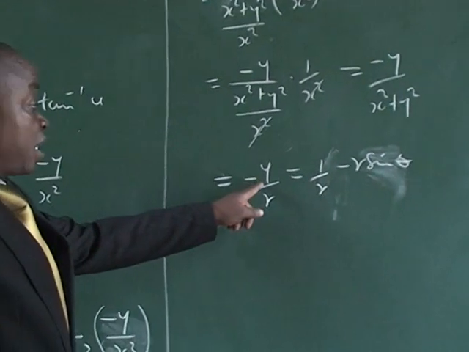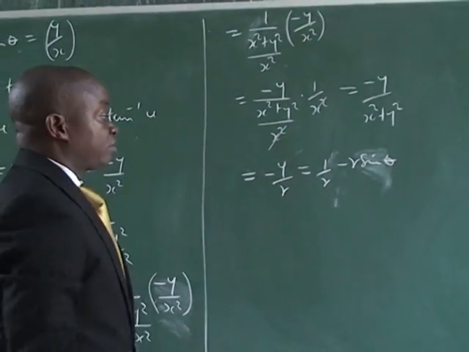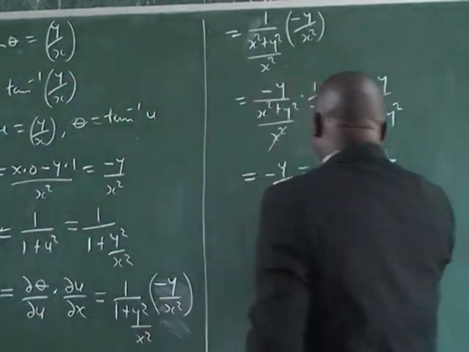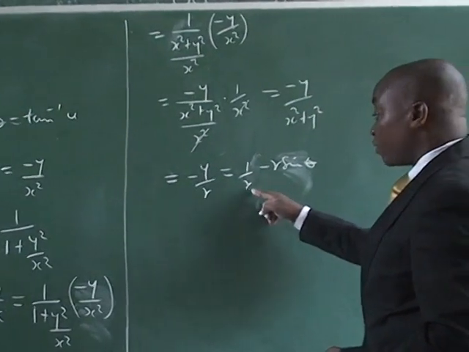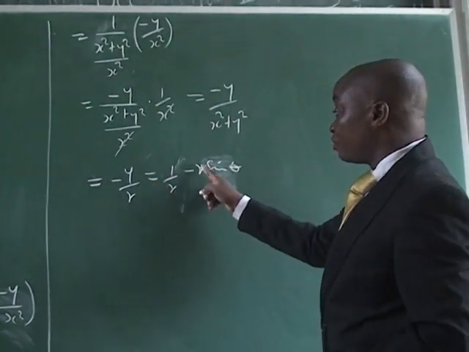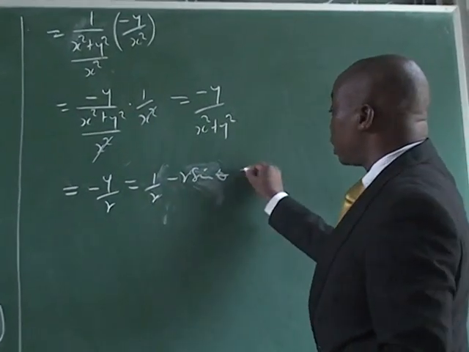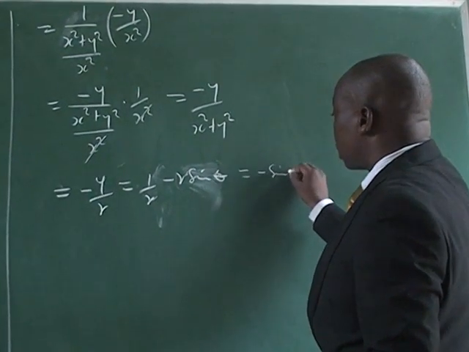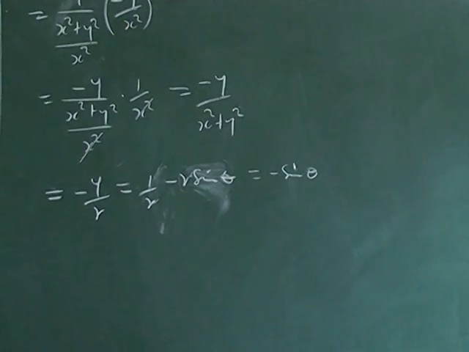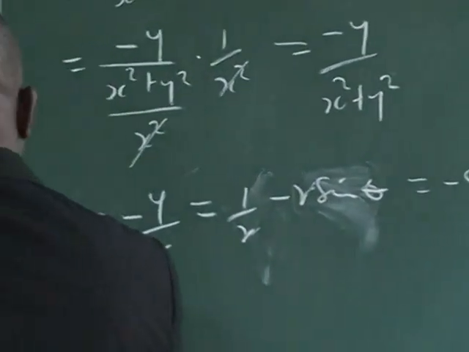Because y is equal to r sine theta. So this defines y, this can cancel this, and I'll have minus sine theta. Okay, that is partial theta over partial x.